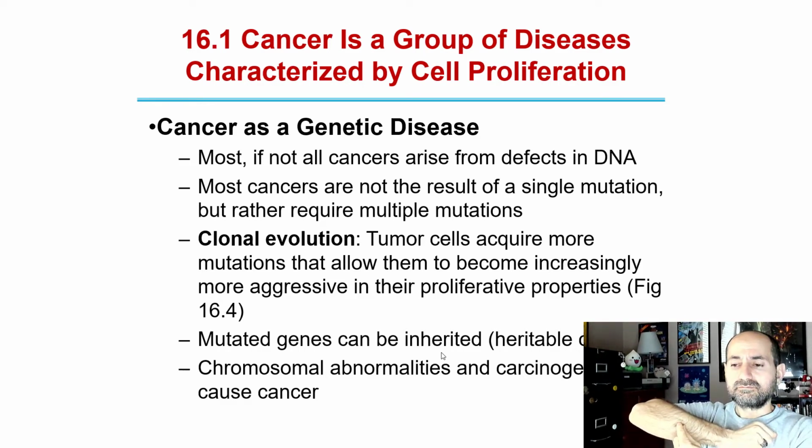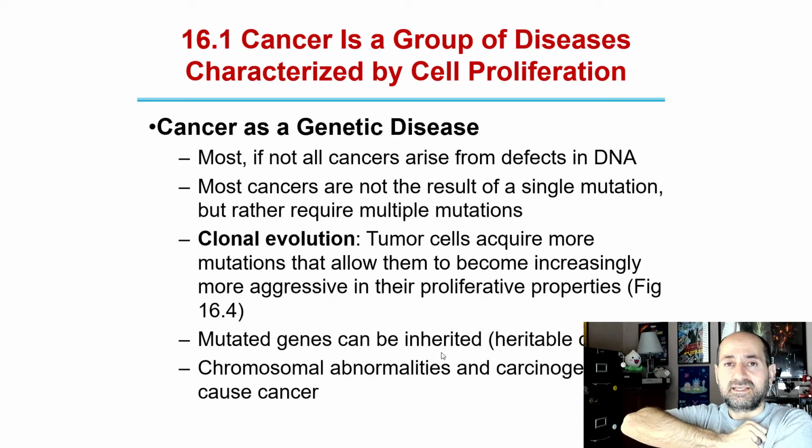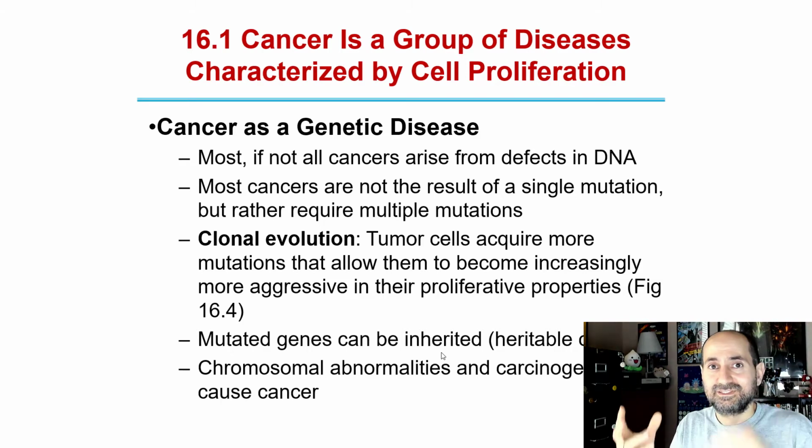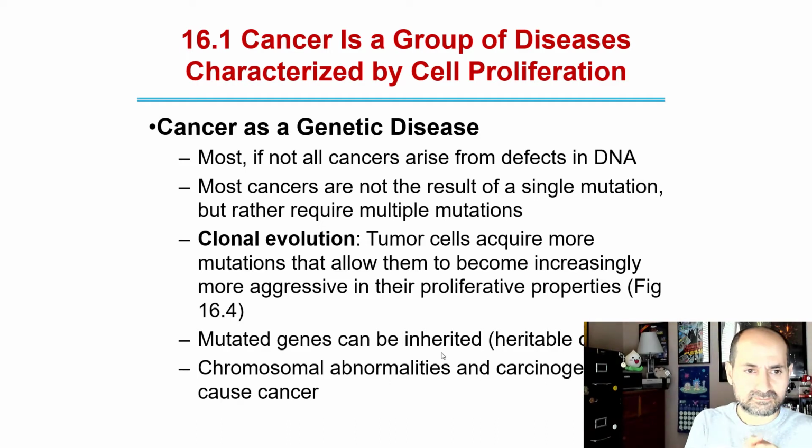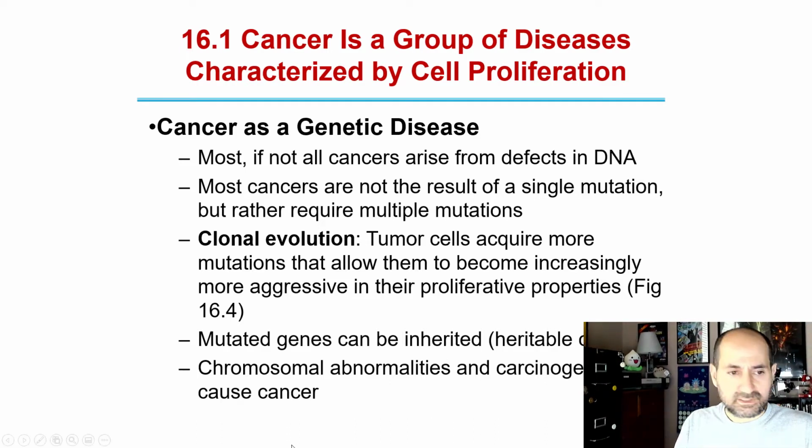That would cause cancer in me, but I can't pass that cancer on to my child. The only way for me to pass a propensity for heritable cancer to my child is to have mutations that are germline, in the actual sperm or the eggs, right? Does that make sense? All right. So let's carry on with this.